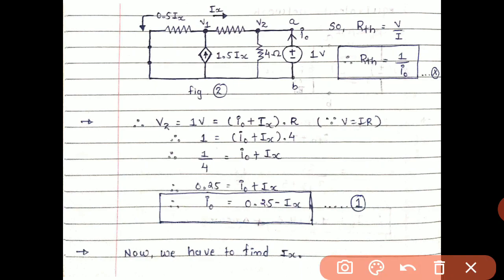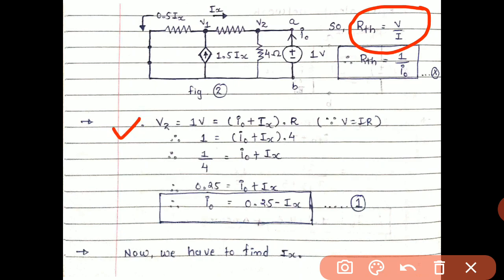Here RTH equals V upon I, where V equals 1 and I equals I0, as explained in the earlier slide. Now we get the value of V2: V2 equals 1 volt.